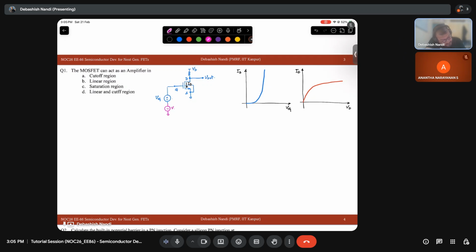So let's say this is V in, and let's say by some resistance I'll take the output at this V out at the drain end, right? So what do we amplify basically? Do we amplify the DC voltage? No, sir, we are amplifying the AC voltage. We amplify some AC voltage, and what is the term for that?